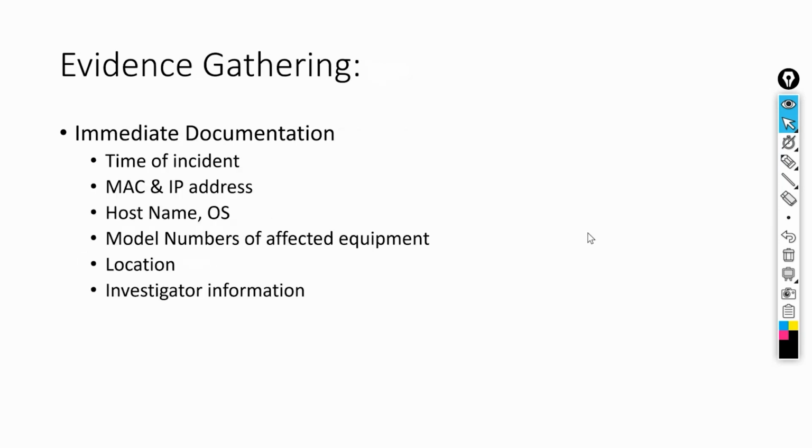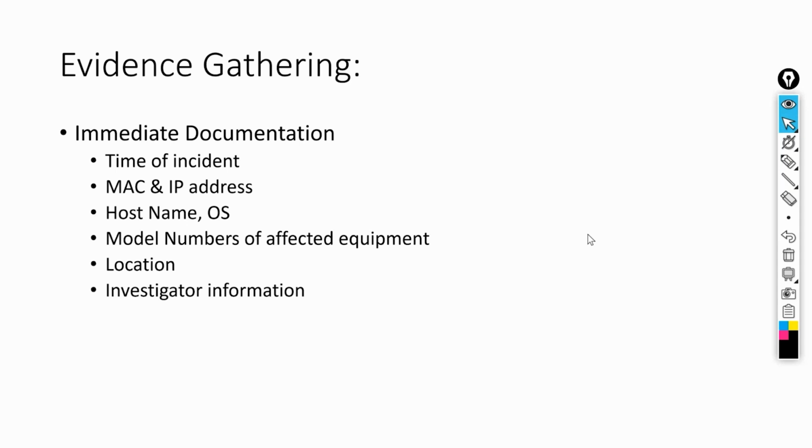So now evidence gathering. When we are talking about evidence gathering: immediate documentation, time of the incident, MAC and IP address. Many SOC analysts only take the IP and MAC address of the physical network adapter.